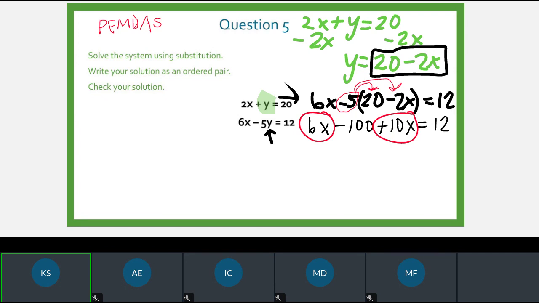Yep, 16x. Very good. Okay, now again, I'm solving for x, so I want x to be by itself. So what's happening right now to 16x that I need to undo? How do I get 16x by itself?